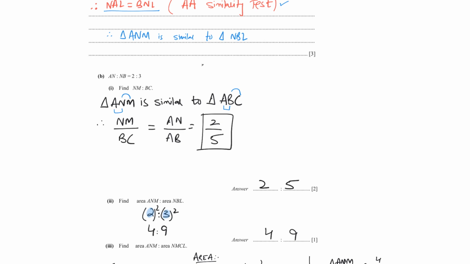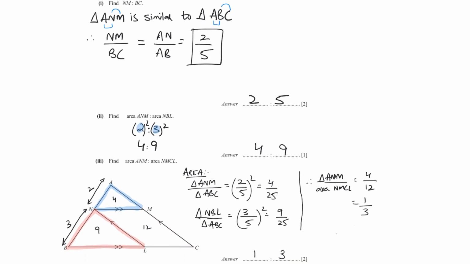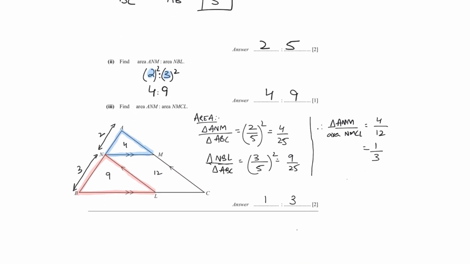Then in the last part, you are asked to find the area of triangle ANM to the area of NMCL. Let me mark the figures first. ANM is this triangle and NMCL is this figure.